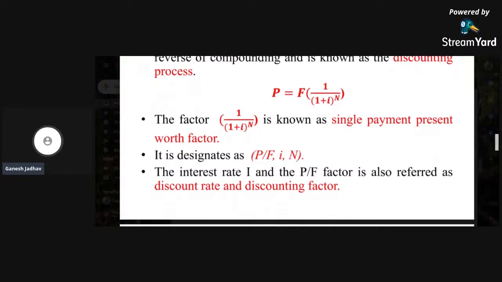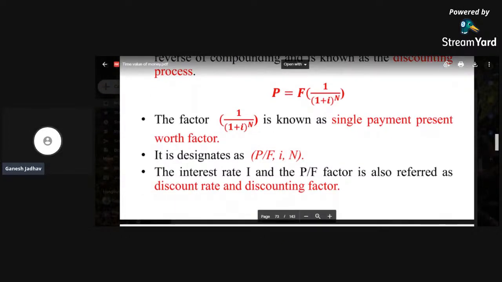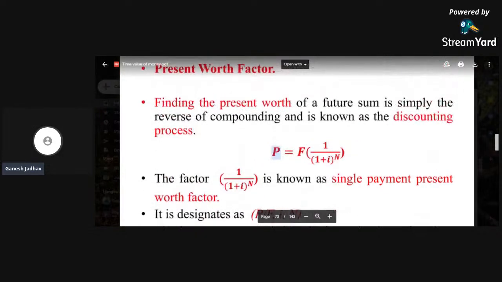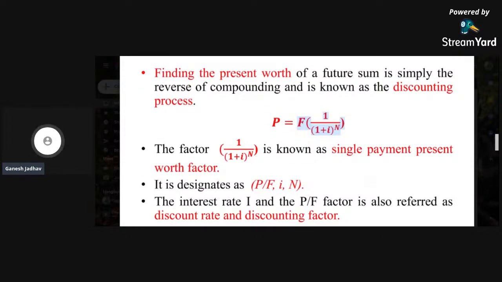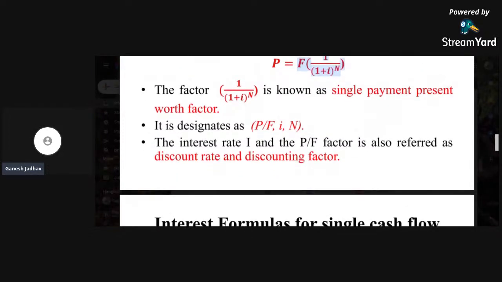Here you have to calculate the value of P. So they give you this single payment present worth factor: 1 upon 1 plus i raised to n. The interest rate is i, and this present worth factor is also referred to as the discount rate and the discounting factor.